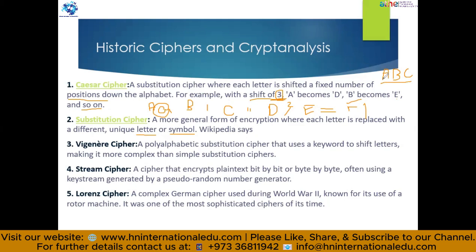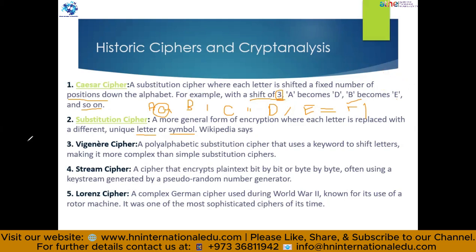So A will be represented by C, B will be replaced by D, and if we want to replace C, then it will be replaced by E. The remaining two letters, Y and Z, will be replaced by A and B. So that's how we will convert.